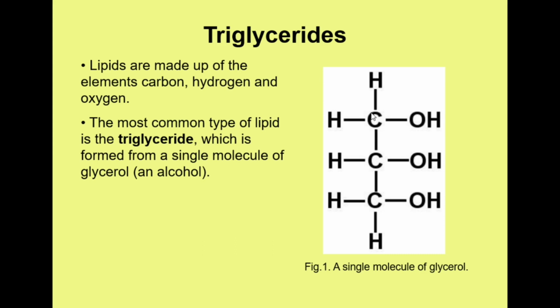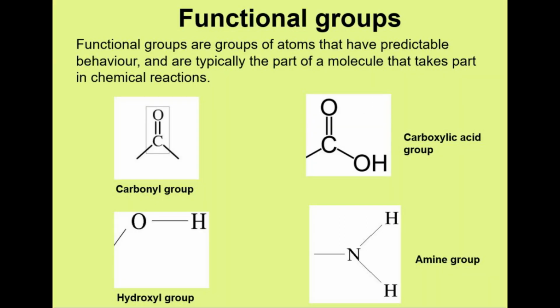We've got 3 carbons, and that's surrounded by hydrogens here. And then we have 3 of these things. And hopefully you recognize these from the last session. If you can remember the last session, I talked to you about something called functional groups. And I showed you 4 functional groups: a carbonyl group, a hydroxyl group, a carboxylic acid group, and an amino group.